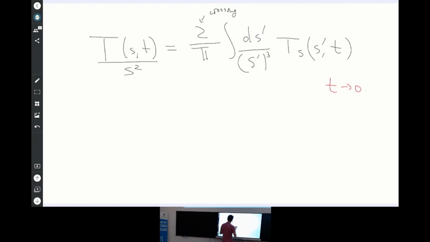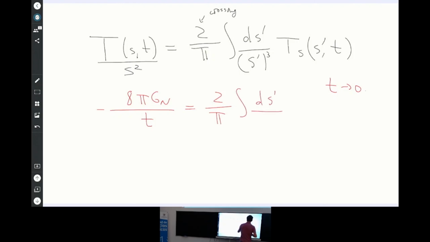This is 8 pi G Newton over, say, t, the minus sign. And here we get the integral, and in fact, as we know, the only way you can get a pole is from the Regge limit, so we can cut it off at arbitrarily S naught.